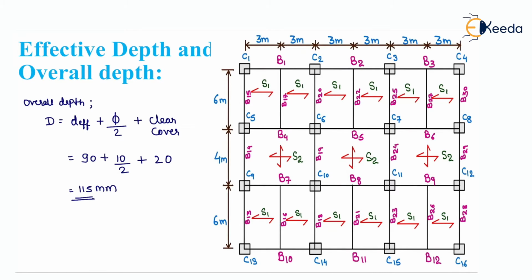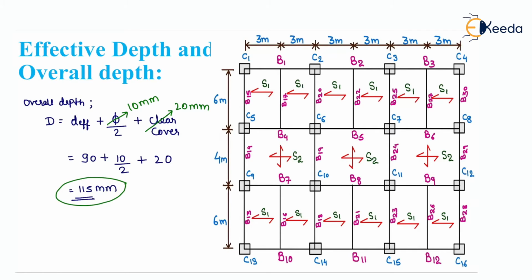Here, phi is the diameter of the bar, generally assumed 10 mm. Clear cover is 20 mm. Now, on putting these values in the formula, we will get D equals 115 mm.